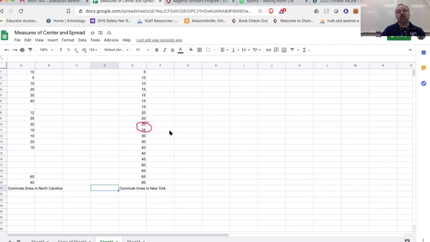So the middle two numbers, you average those two. You take 20 and 25 and average them, you get 22.5. That's the median for this data set.